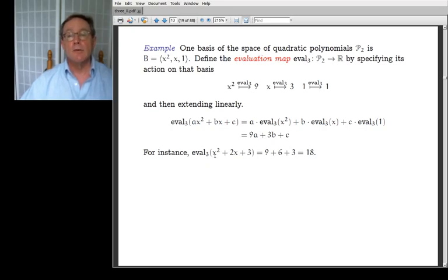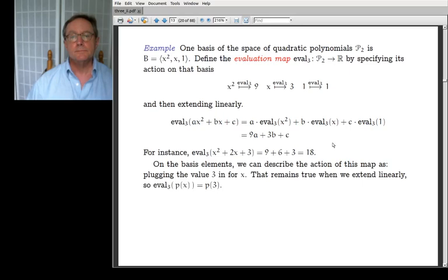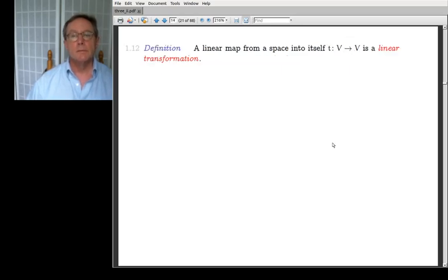For instance, eval 3 on x squared plus 2x plus 3 gives you 18. So evaluation, what you might call in calculus plugging in, is a linear map. Evaluation by plugging in 3 is a linear map.